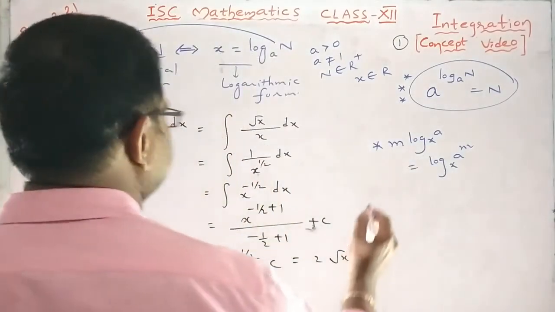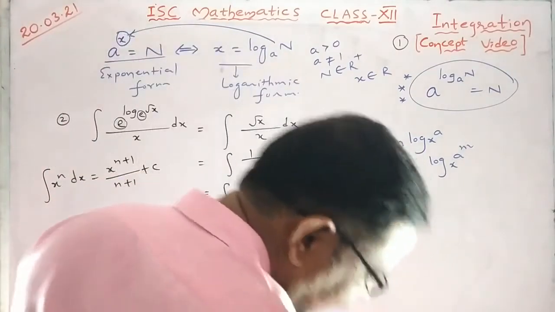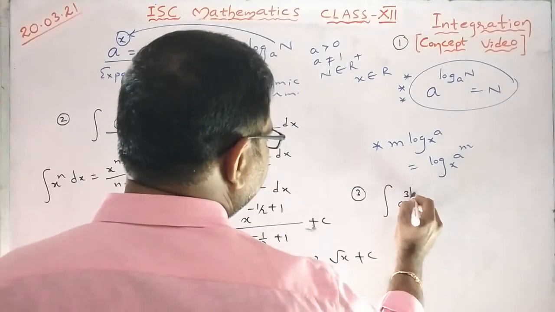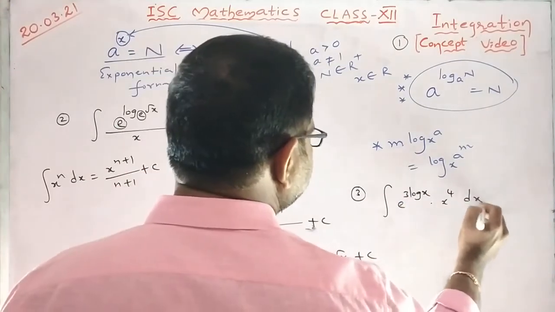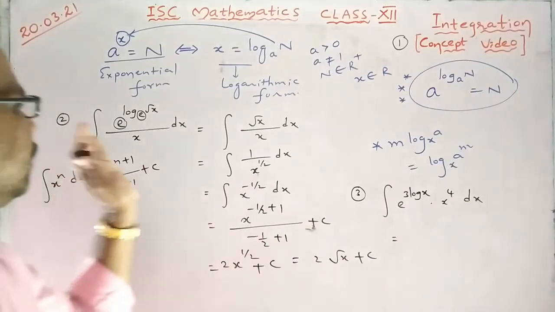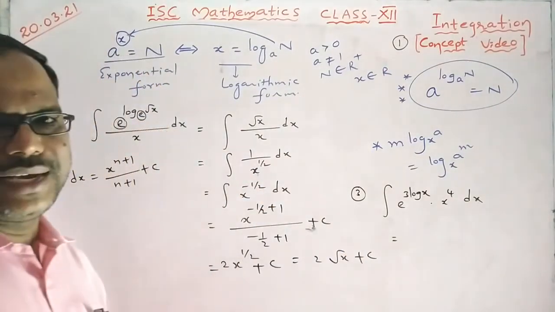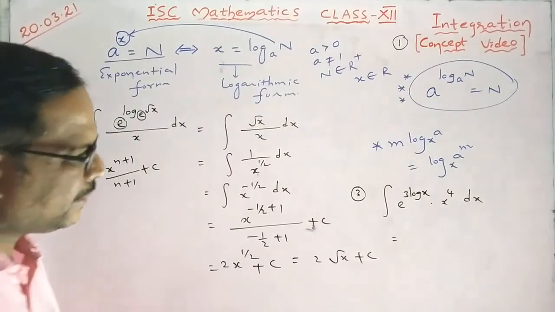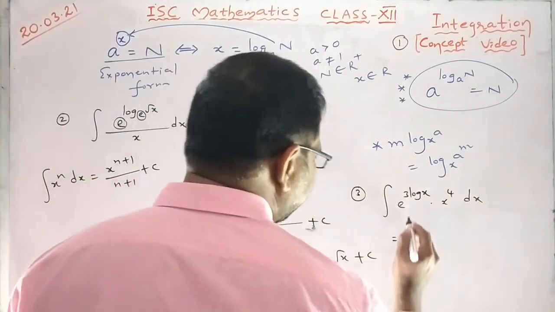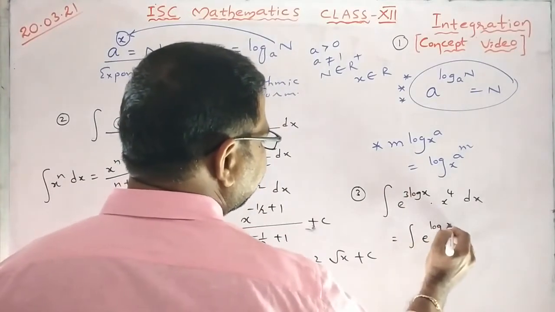Third one, integral e power 3 log x into x power 4 dx. You must remember one thing here. If there is no base in the given logarithm, it should be considered as e, base e, Napier logarithms we call them. e power log, this will be x cube.